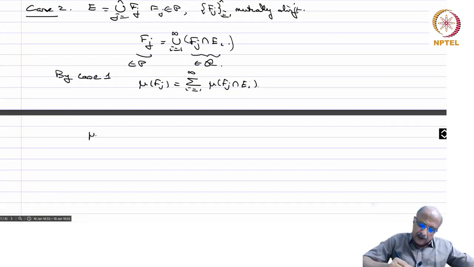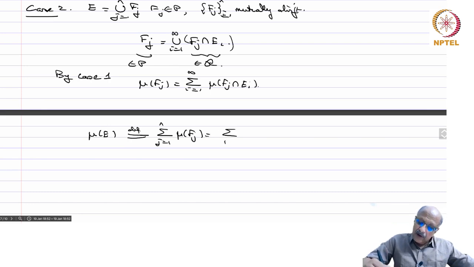So mu of E, and this is by definition, the sum over j equals 1 to N of mu of Fj equals the sum over j equals 1 to N, sum over i equals 1 to infinity of mu of Fj intersection Ei.